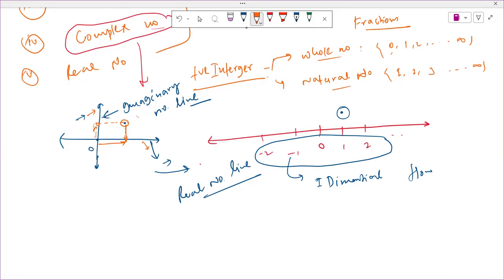Now if you see, this point is not lying on the real number line, so it is between the real and imaginary lines. There can be a point which is totally on the imaginary number line, not in between the two, or you can have a line that is totally on this. So you have a set of all these things which comes under complex numbers, right?